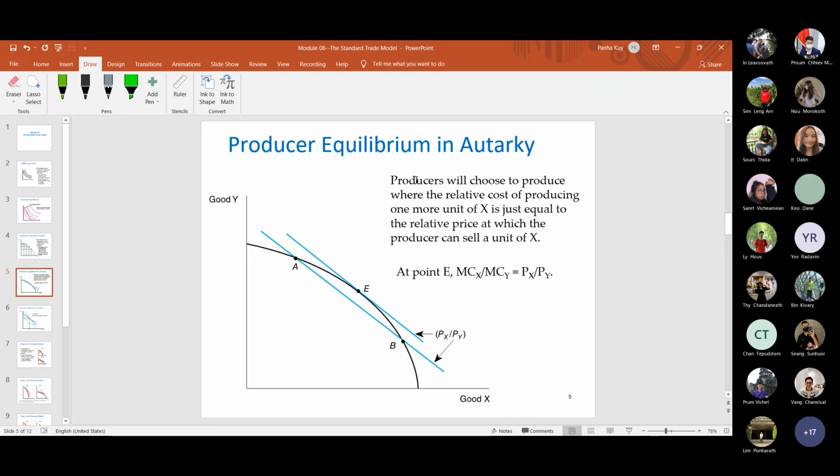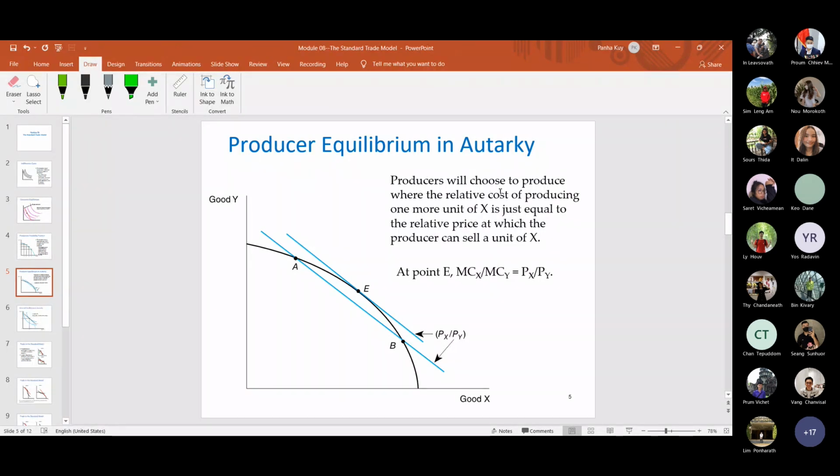So let's look at this. Producer will choose to produce where the relative cost of producing one more unit of X is just equal to the relative price at which the producer can sell a unit of X. See that?